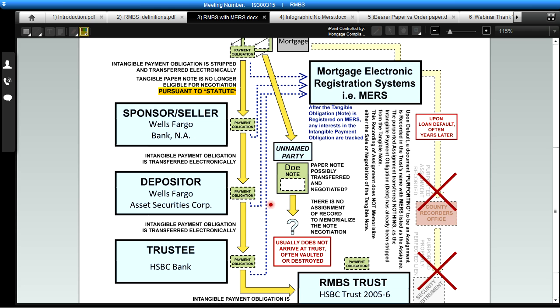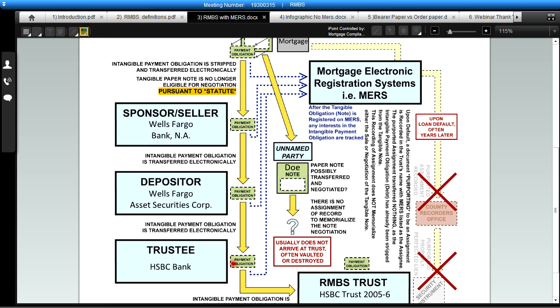Now, the depositor then takes this intangible payment obligation and sells it to the trustee for the trust. Again, everything is being done electronically.